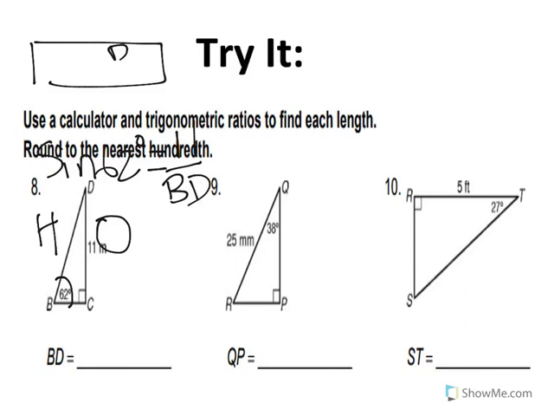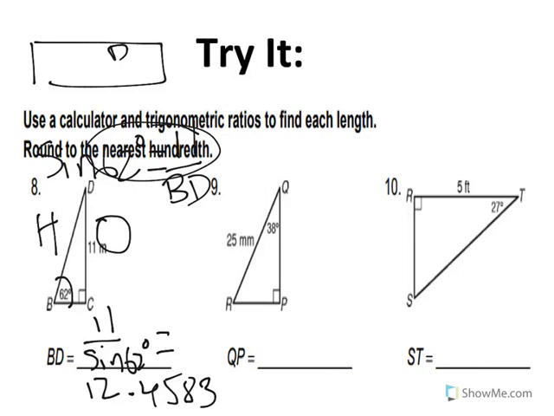Right, so we can use the cross product. BD is equal to 11 over sine of 62 degrees. Use your calculator: 11 divided by sine of 62 degrees gives us 12.4583. Round to the nearest hundredth, so it would be 12.46.